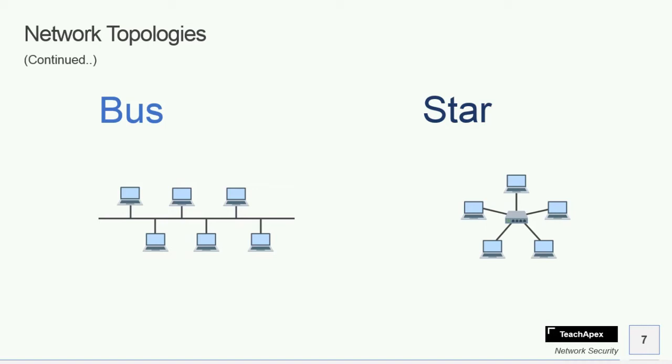You can manage the entire network from one location because you are just connected with the central hub, so you can manage all the resources from that central hub. If the central node goes down, then the entire network will go down, obviously. This is the drawback of star topology, because if the node goes down, or if there is any disconnectivity in the node, then the whole architecture will go down.